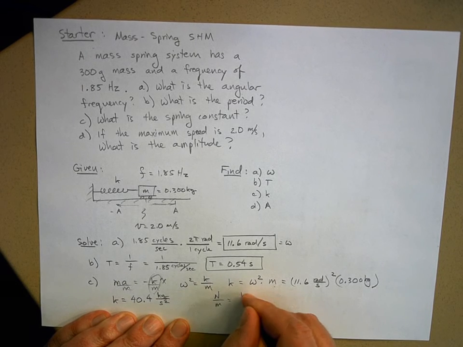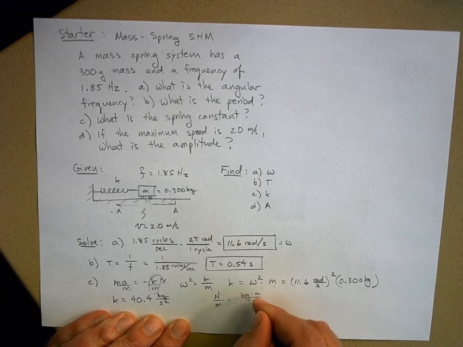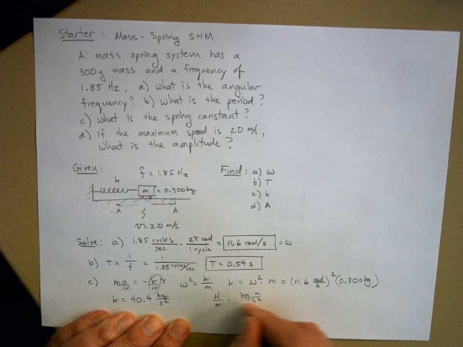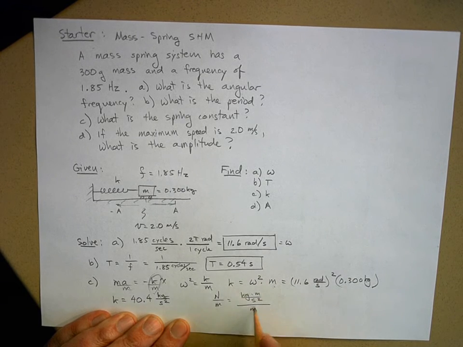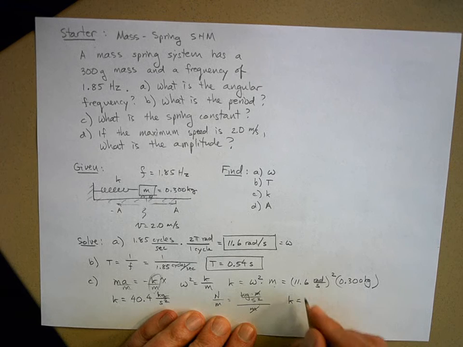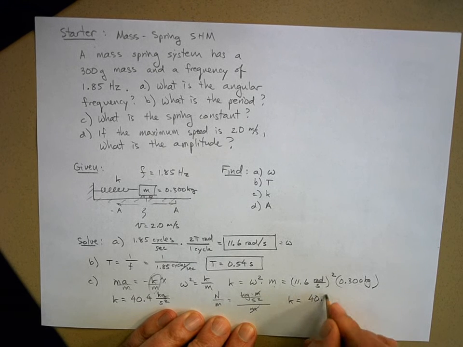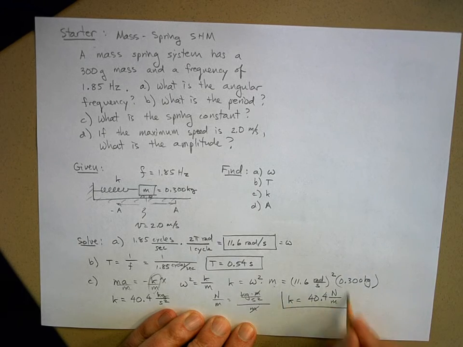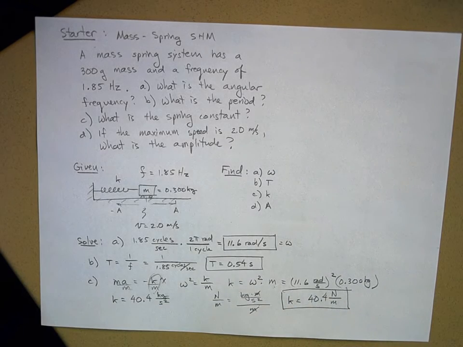And a newton is a kilogram meter per second squared. And then we're going to divide that by meters. And the meters cancel, and I get kilograms per second squared. So that's good. So I can say the spring constant is equal to 40.4 newtons per meter. If you left it as kilograms per second squared, that's not wrong.